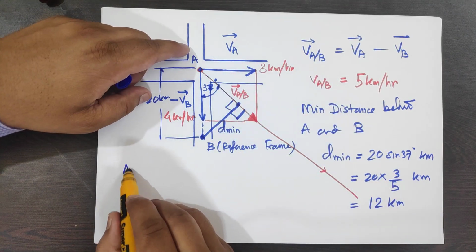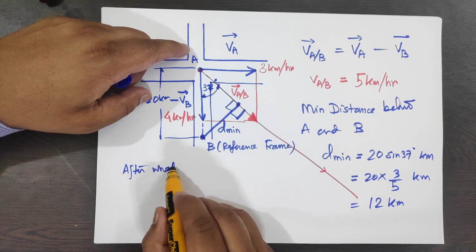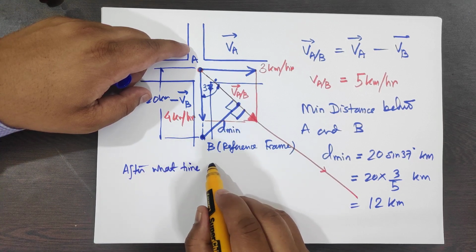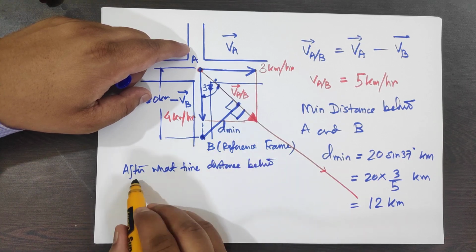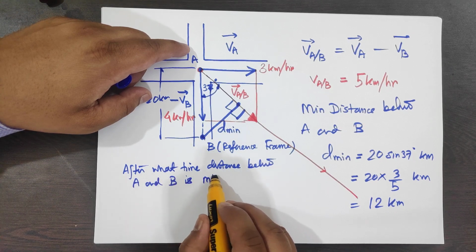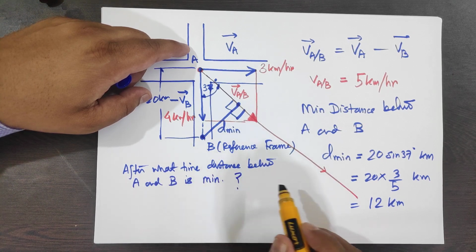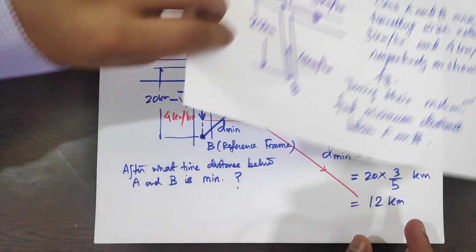So if it asks after what time the distance between A and B is minimum, the count of the time starts from this position, this time 0.